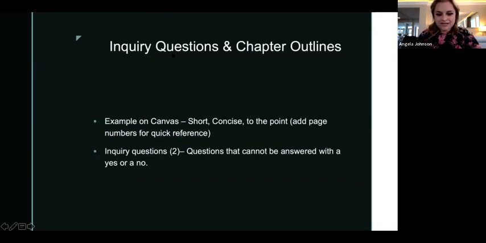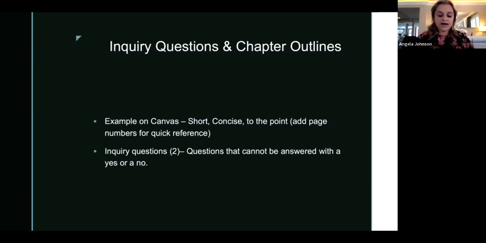Okay, so I'm going to share with you right now about our assignments. So what we have going on is for each of the chapters that you read of our textbook, I would like you to do 2 inquiry questions and a chapter outline, okay? So there will be examples on Canvas for you under student examples or examples of assignments.